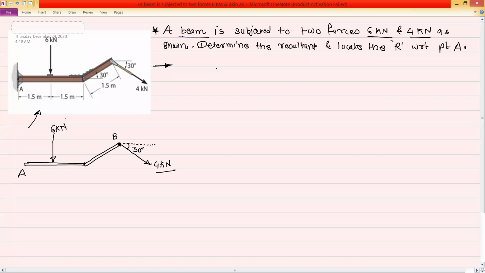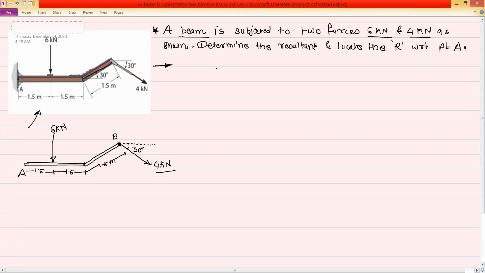Okay. Then some dimensions are given. So this is equal to 1.5 meter. This is also 1.5 meter. And this inclined distance is equal to 1.5 meter. Okay. And the angle of this part, it is 30 degree.